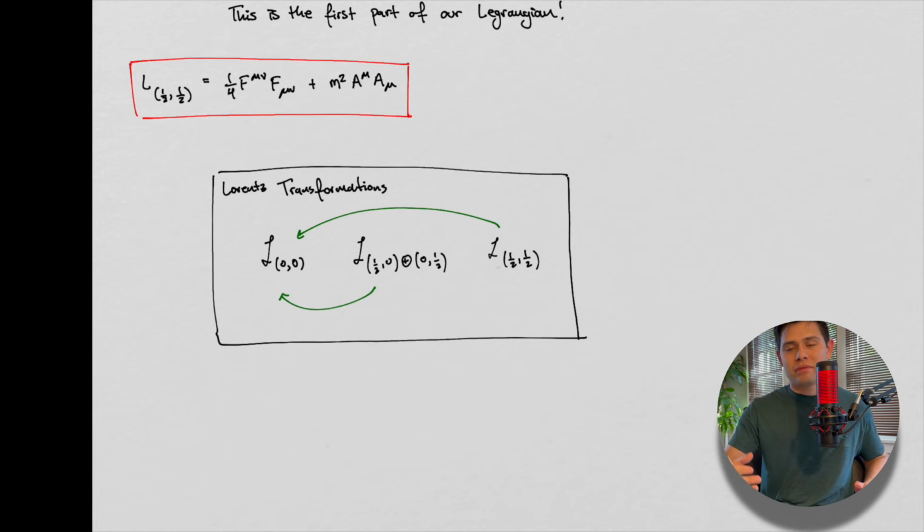The next upcoming video is going to be probably a long video on interactions, or interaction theory. And this is really where things are going to get wild, right? Because the idea going forward is that each and every one of these fields needs to interact with a specific type of spin 1 field.